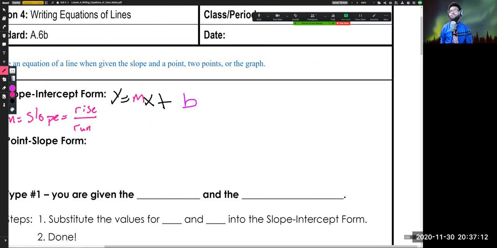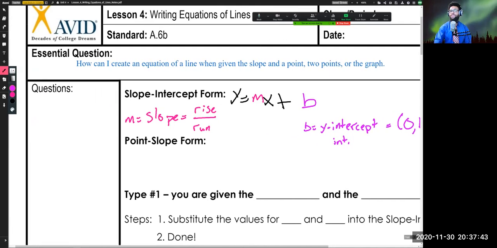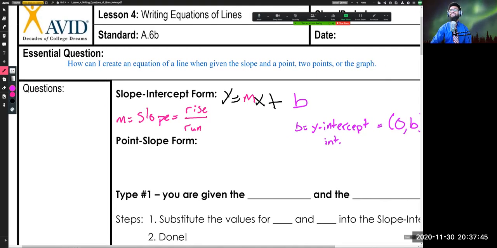Our b is our y-intercept. I'm not going to write the whole thing. Actually, I will. Intercept. But from now on, if I abbreviate it, it'll be y-int. Okay? And our y-intercept is a point. It's going to be (0, b), whatever our b value is. Okay, so that's the recall. That's what we've done so far, okay?